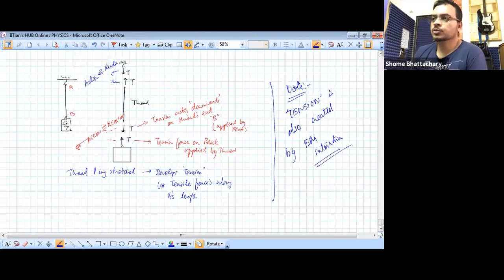Okay, so people, hope you're understanding this part. So this chapter is like this, each little thing has a lot of applications. So we'll see many different situations in which normal reaction acts between two surfaces, many different situations in which tension acts on a string or a thread or a rope. But today we are just understanding the fundamental aspect of tension, what it is.